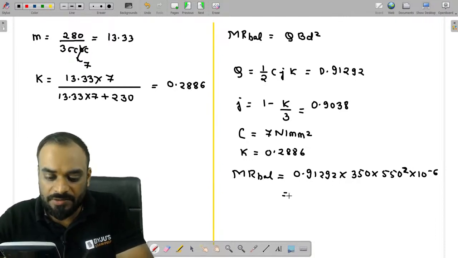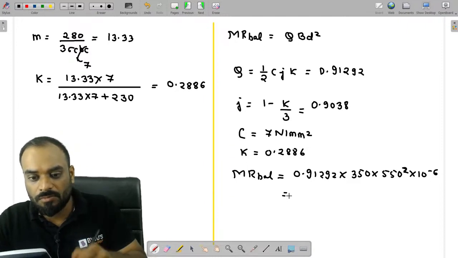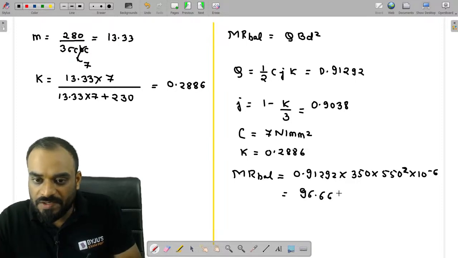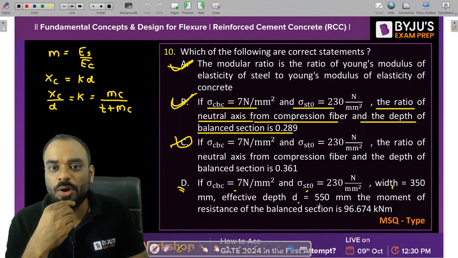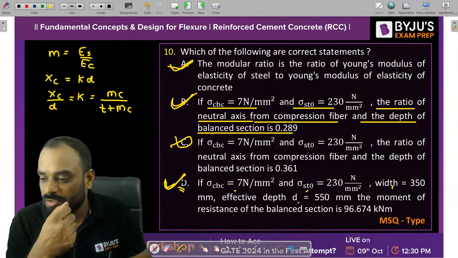How much are you getting, guys? It is coming around 96.66. Very nice, Antu. 96.66 kilonewton meter. So yes, it can also be correct, right? D is also correct.